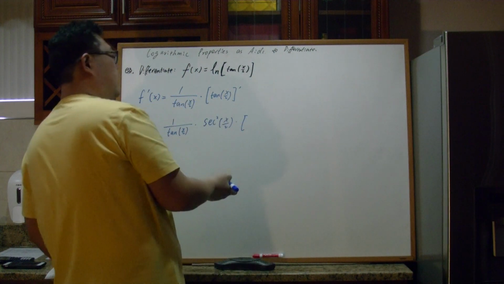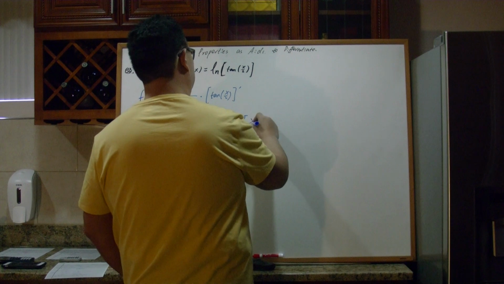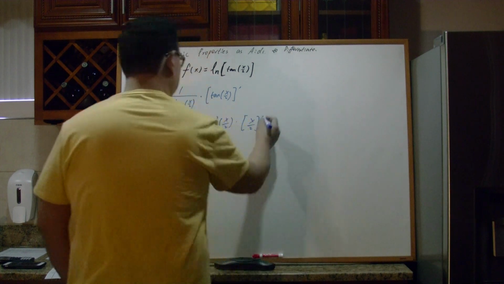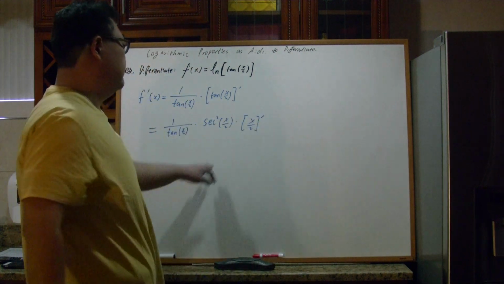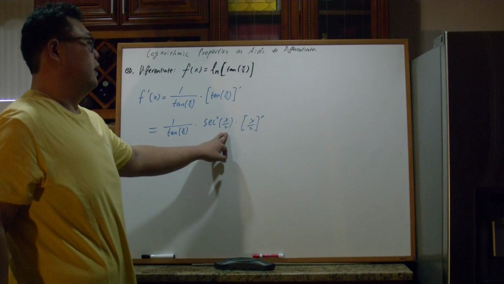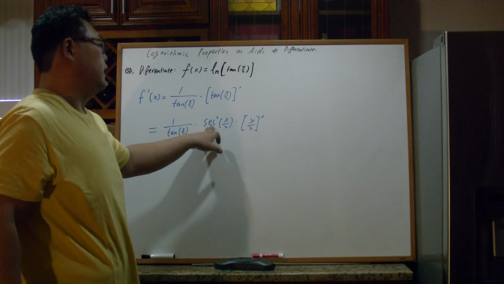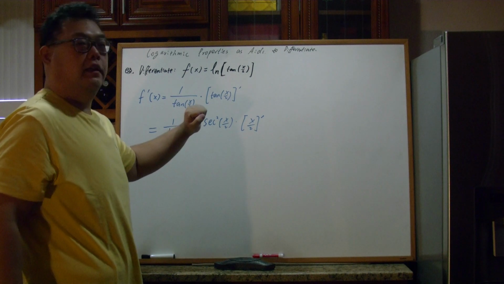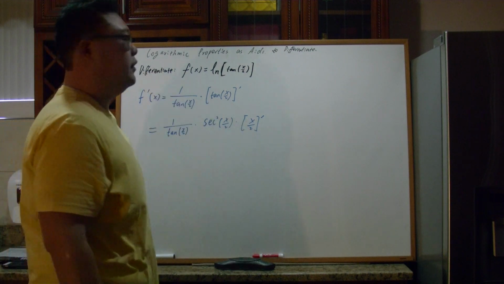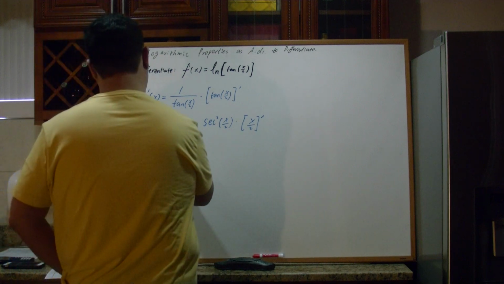And we still need to take the derivative of x over 2, since the inside is a composite function, a composite of tangent and x over 2. So we need to take the derivative of x over 2.